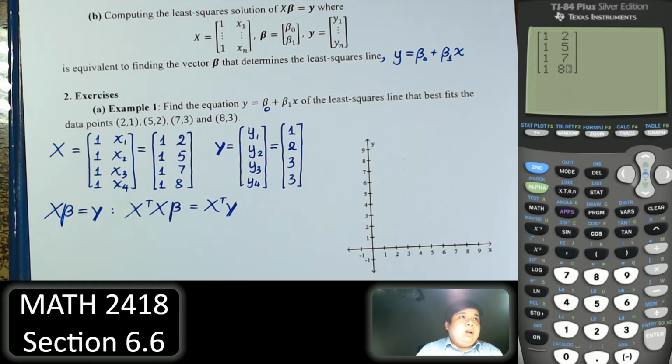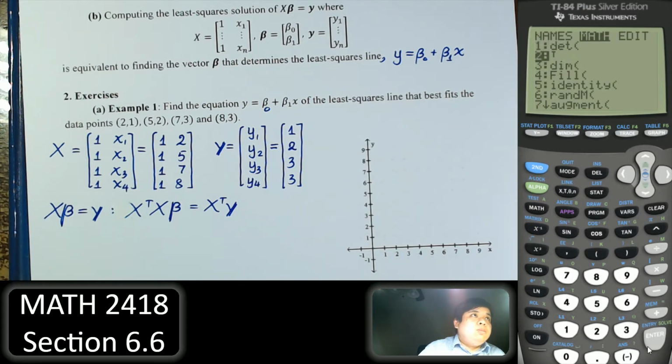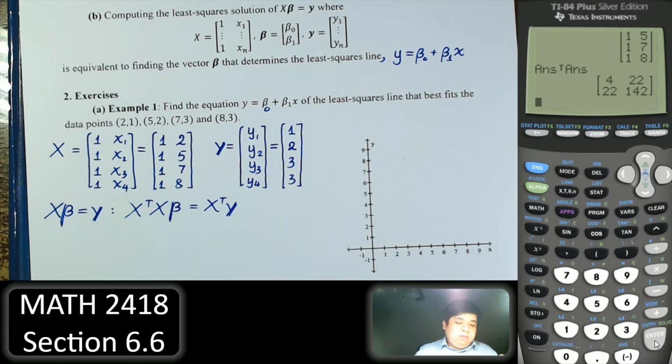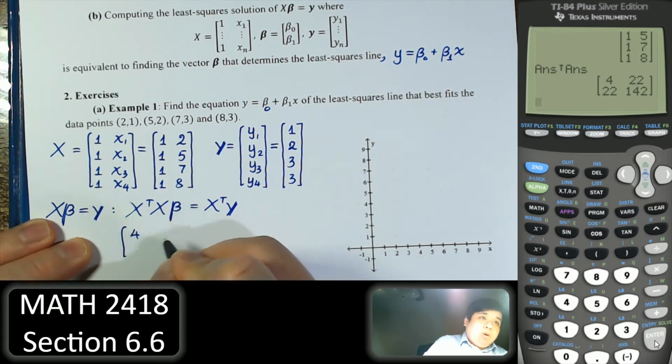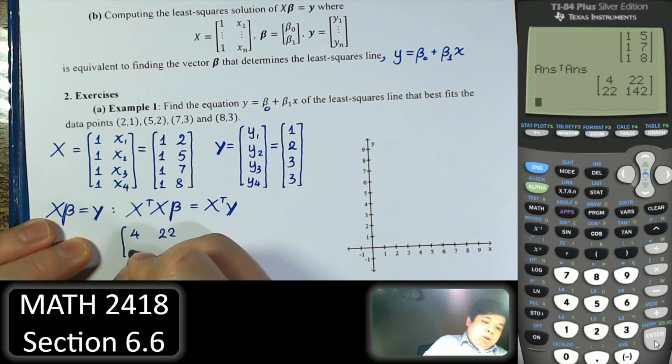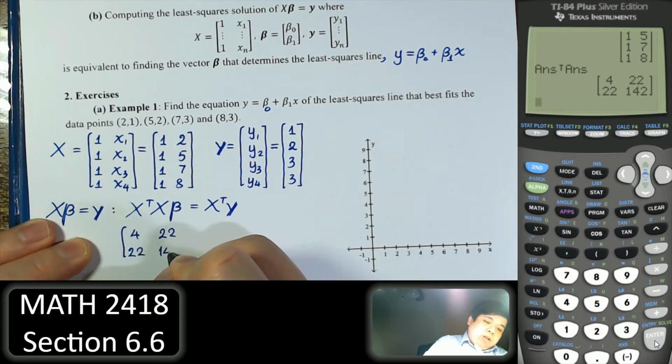Right. Just hit enter. So that is the matrix X. What we need is x transpose x, so we have 4, 22, 22, 142.